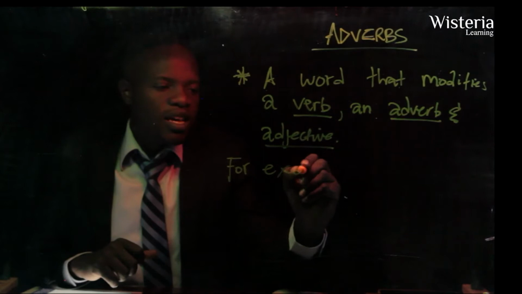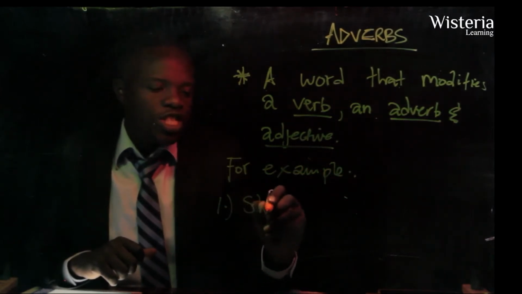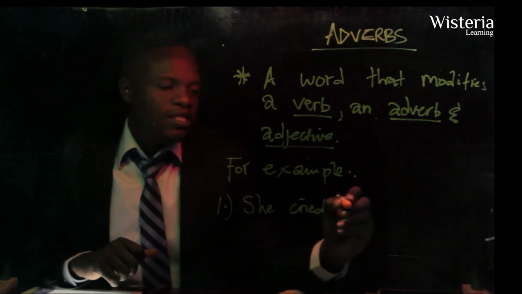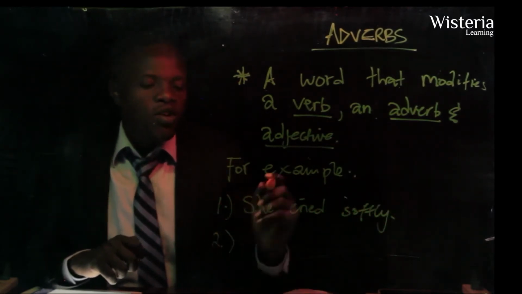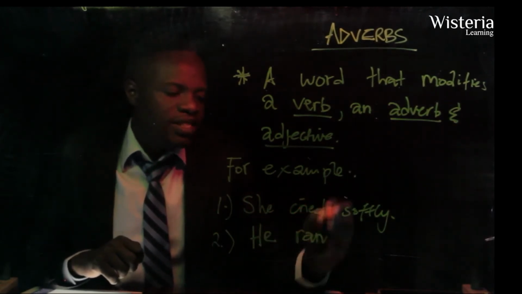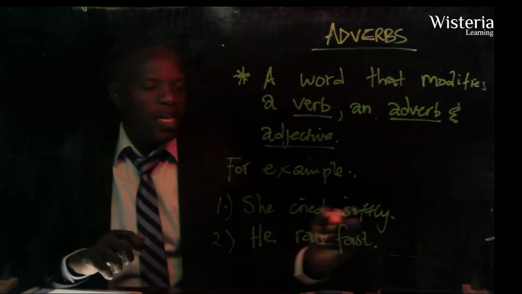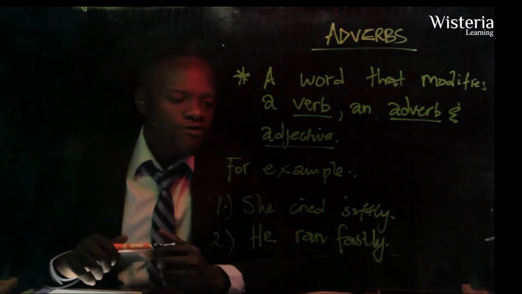We can say, for instance, that she cried softly. She cried softly, or we can say he ran fast. Okay, fastly actually. He ran fastly.